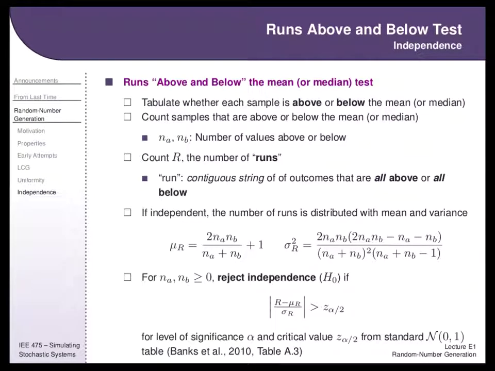And then there's a nice statistical feature that if you have a lot of data, then the number of runs will fall along a normal distribution with this mean and this variance. And that means we can apply a z-test. So we can calculate a z-score and see if it's outside our acceptable bounds.